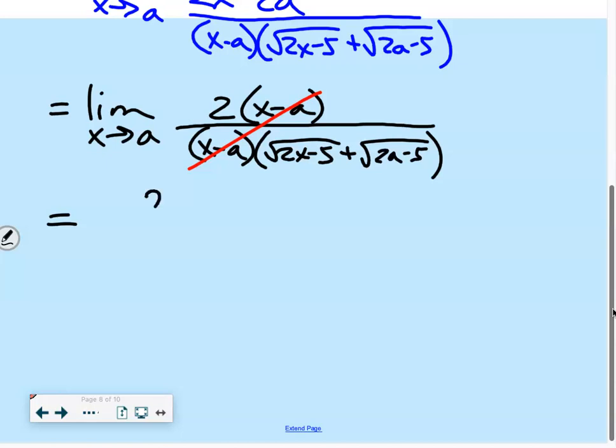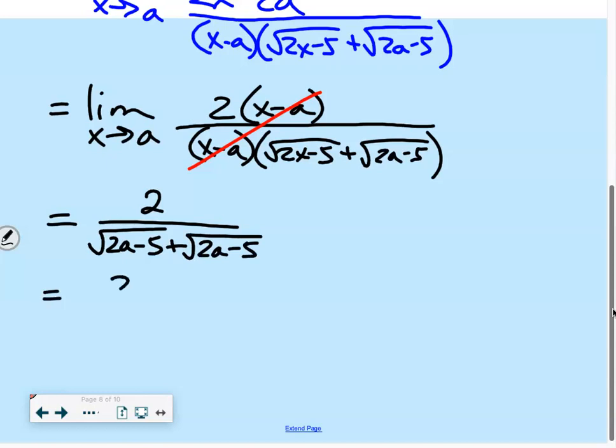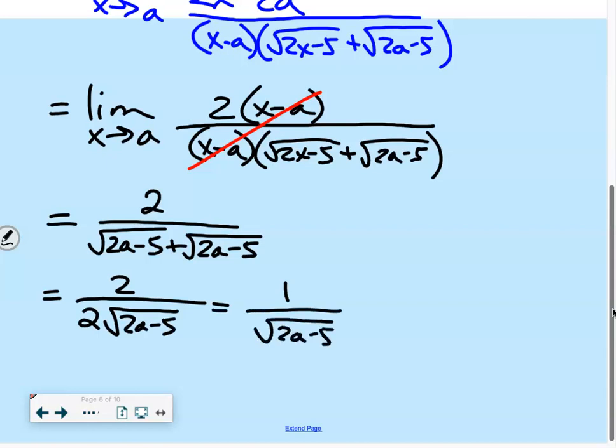So we have 2 on top, and on the bottom we have root 2a minus 5 plus root 2a minus 5. Now if you simplify this, you get 2a minus 5 roots, and you can cancel the 2's, and you're left with 1 over root 2a minus 5.